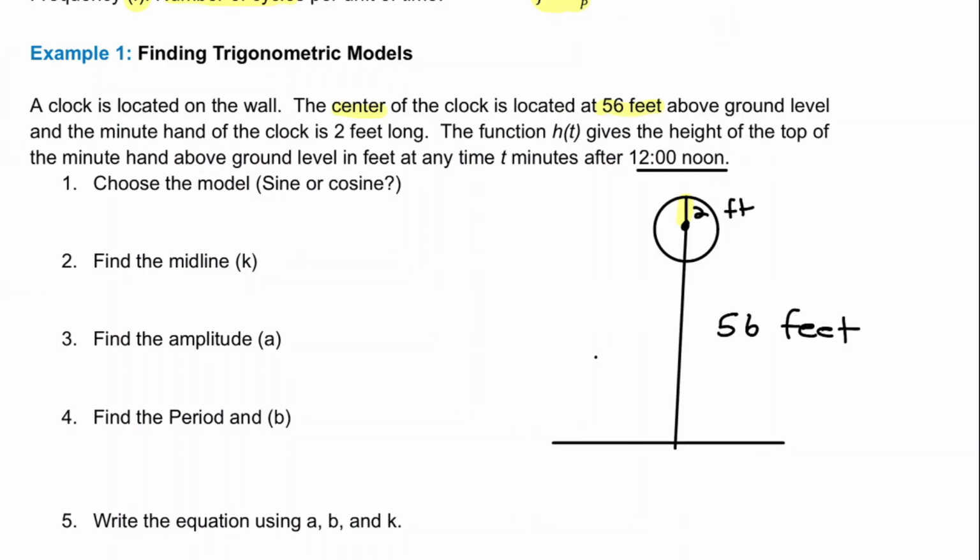And when it's 12 o'clock noon, where are the hands pointing? So I can tell when the hand is at the top, this would be at 58 feet. When it's at the bottom here, this would be 54 feet.